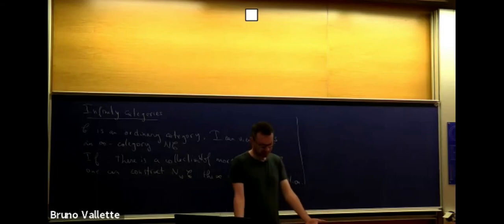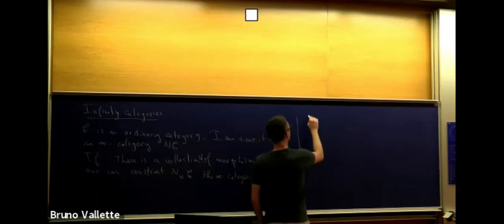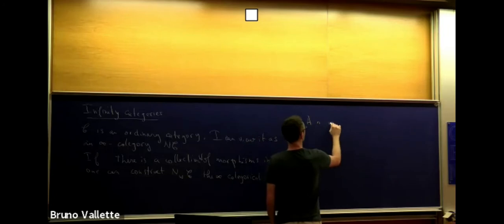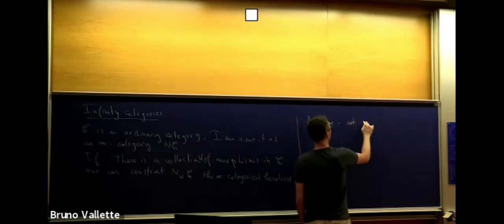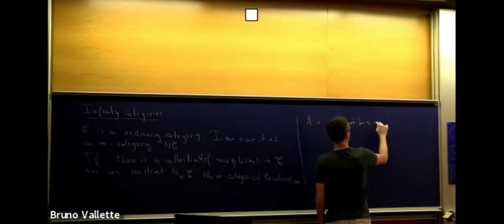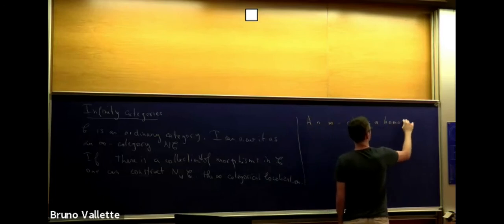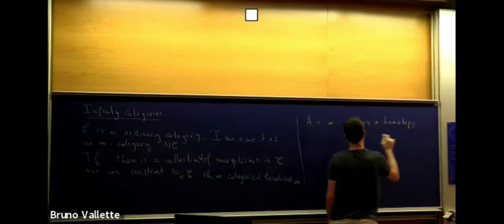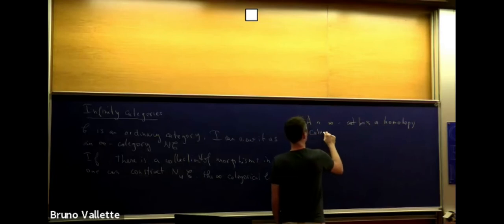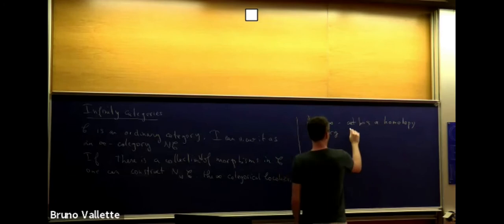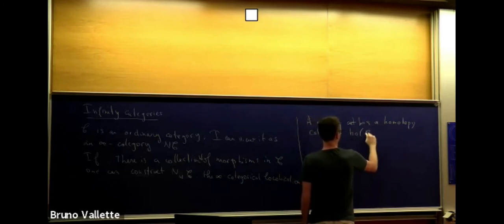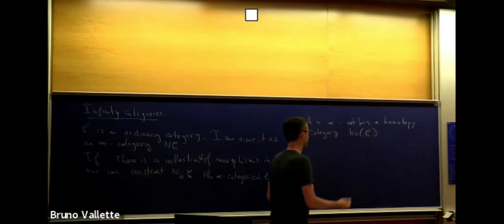So an infinity category has a homotopy category, which I'm going to denote ho of C, where C is some infinity category.